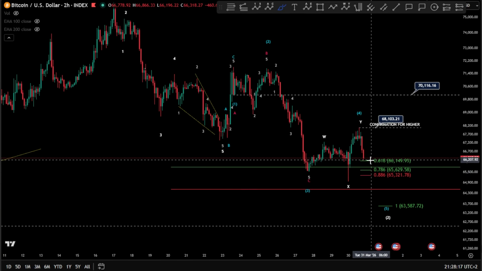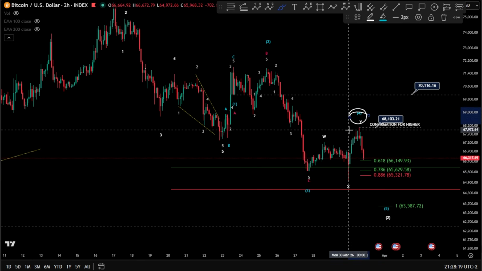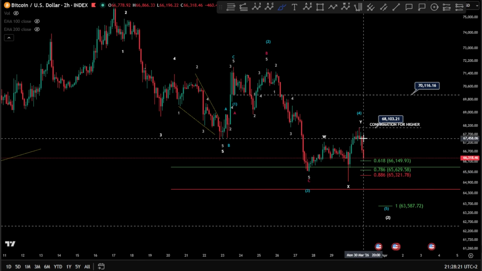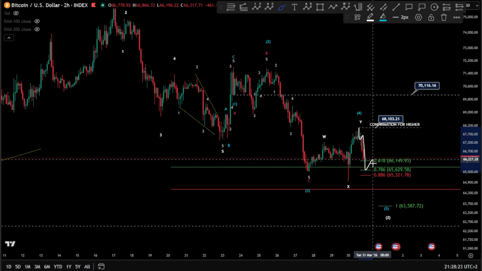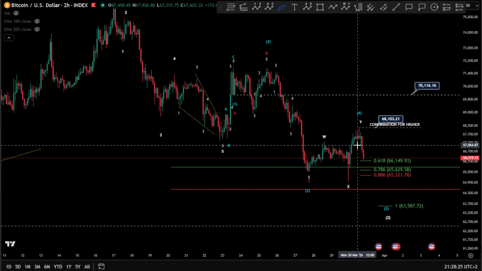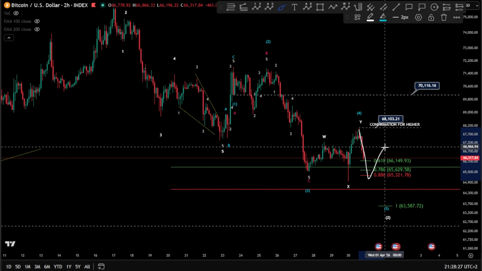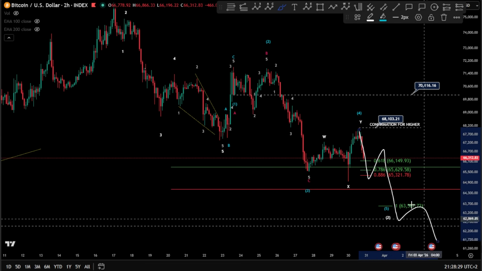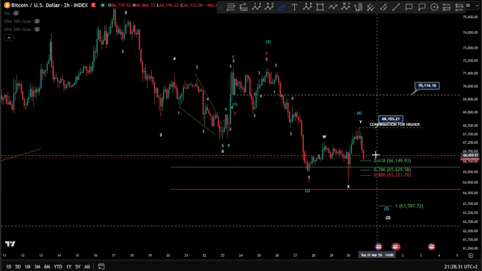Now, in case we are bearish and we are continuing this wave 4, which is very likely, it can be a 1, 2, 3, 4, and a 5 here, or it can be already the wave 1 unfolding, and then 2, 3, 4, and a 5 to reach lower prices.